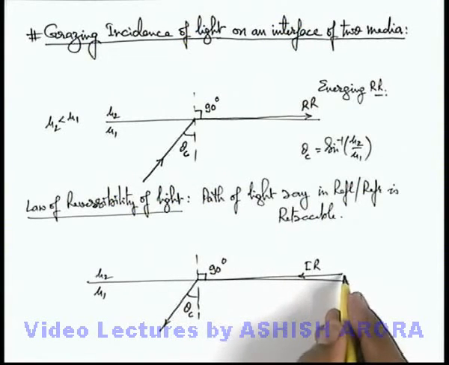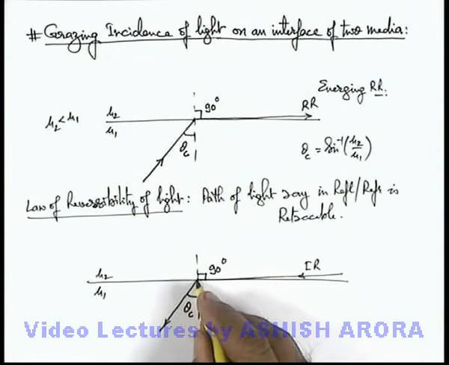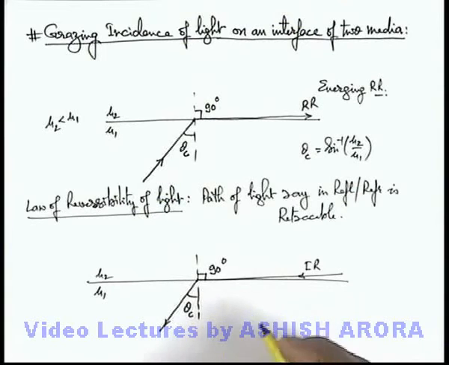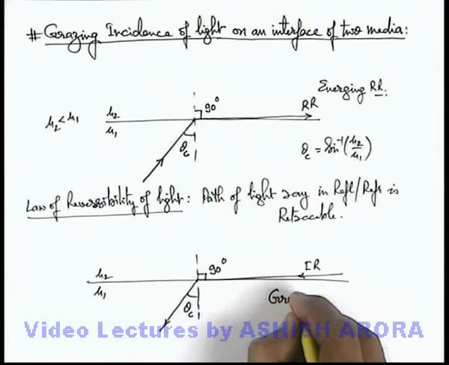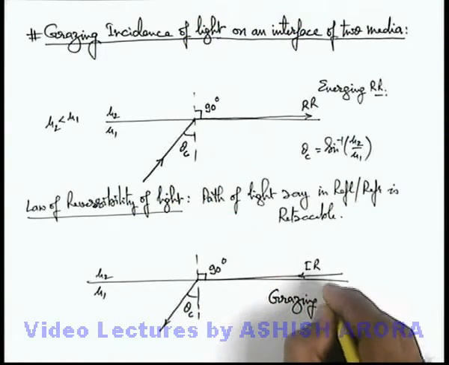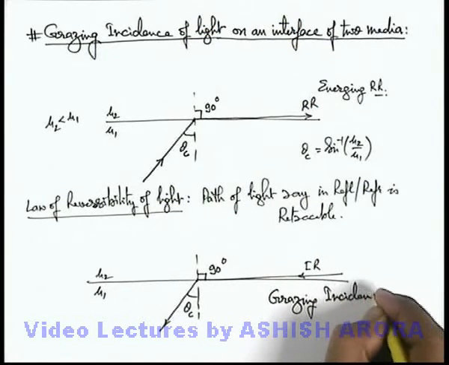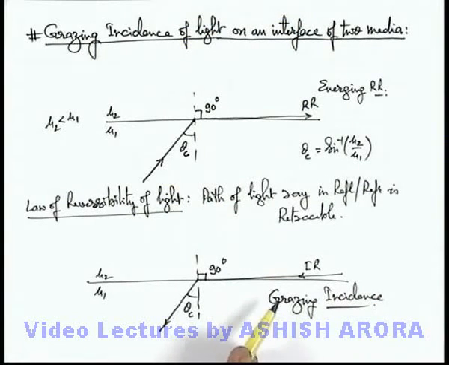Such kind of incidence on the boundary of any two media we call grazing incidence. Grazing incidence may take place either from the rarer side or the denser side of the medium.